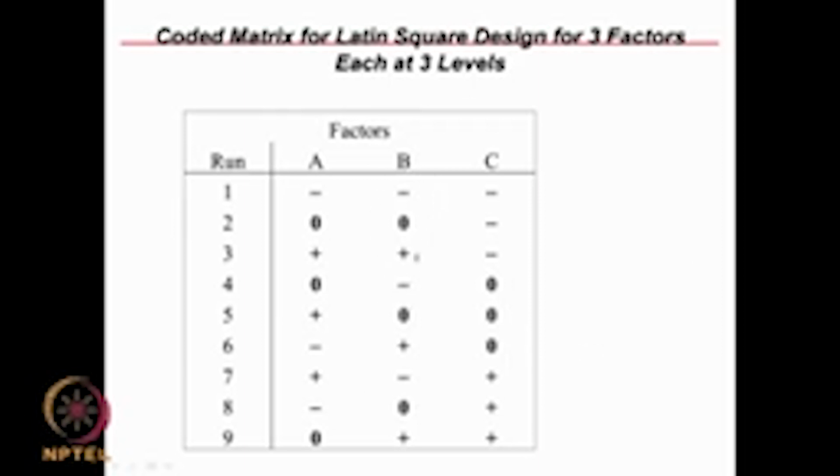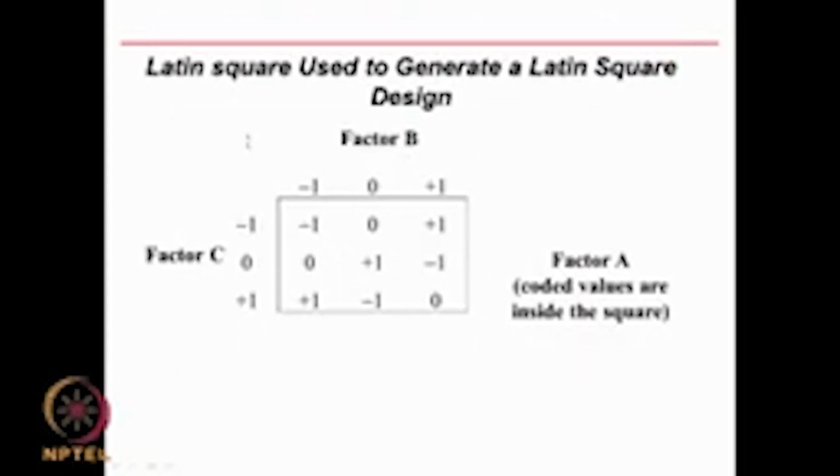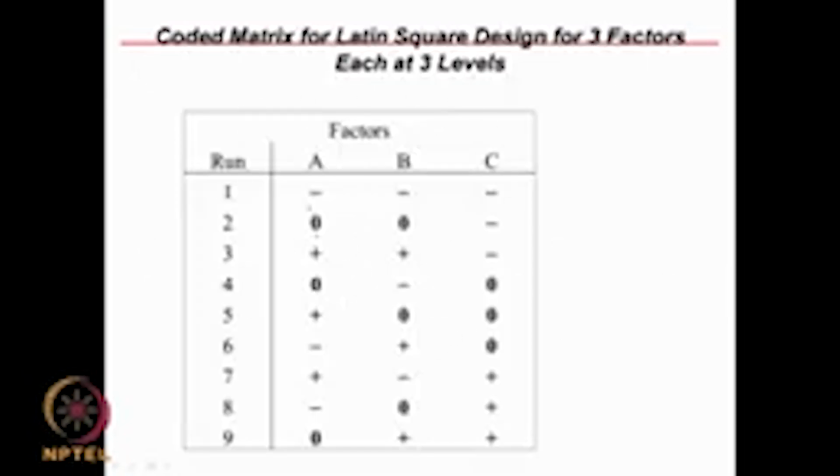Again for B also, we have 3 times at negative, 3 times at 0, 3 times at plus. So, this is called the Latin square, and we are writing it down in matrix form. You do this experiment and you get the results.